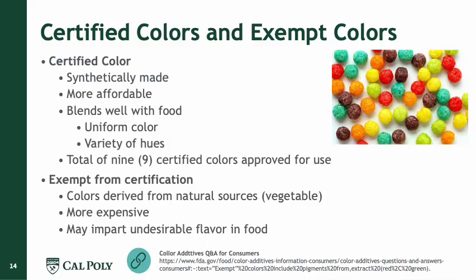Some examples are colors derived from beet, from carrots, from berries. So we have different types of natural colors. We have the red hues, which are called anthocyanins.